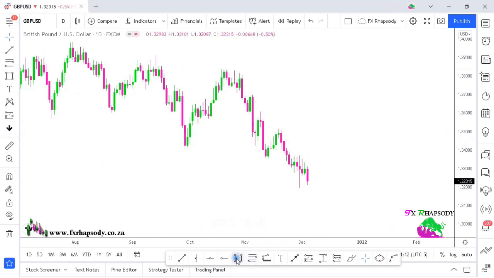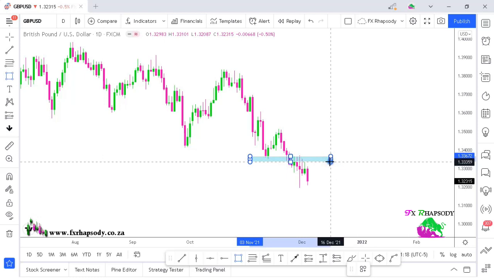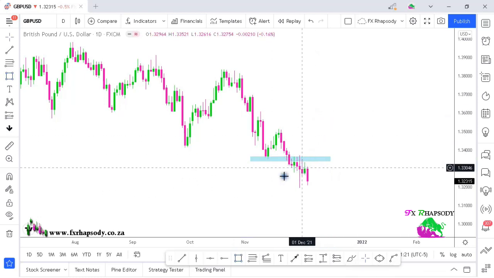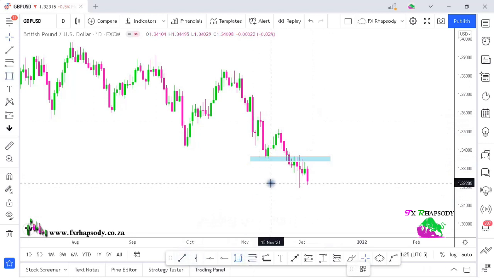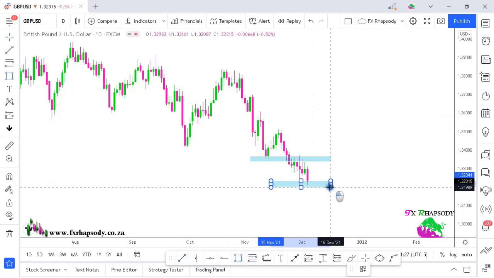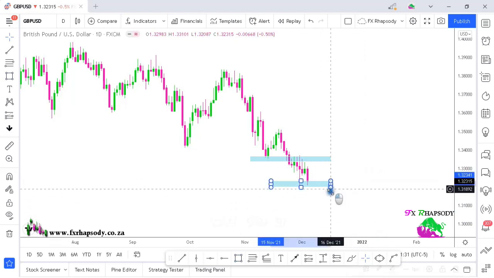What I am looking at currently is this area of resistance, or support turned resistance. It broke, forming that lower low. And I am keeping my eye on this area over here, which we looked at on the weekly, which is that support area that we were talking about.